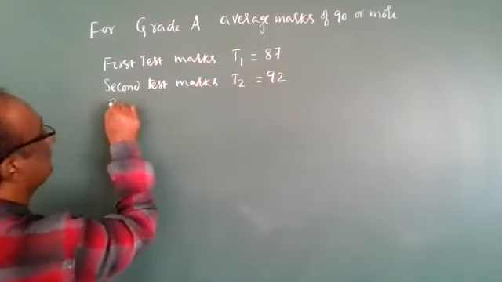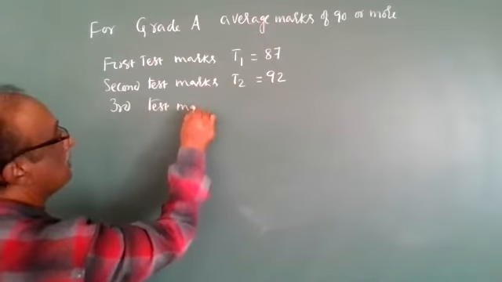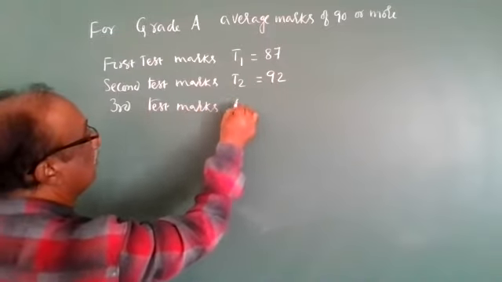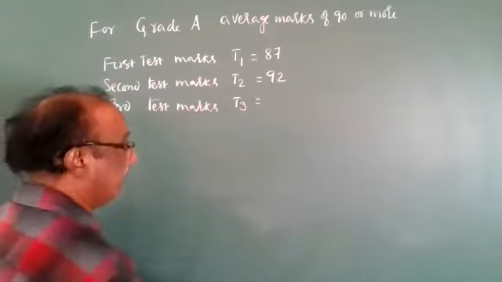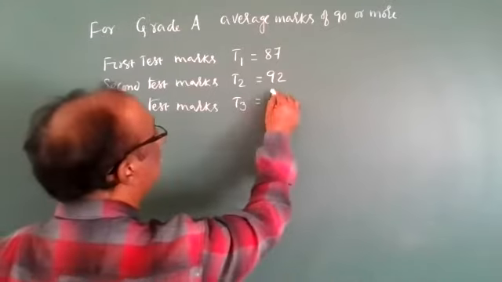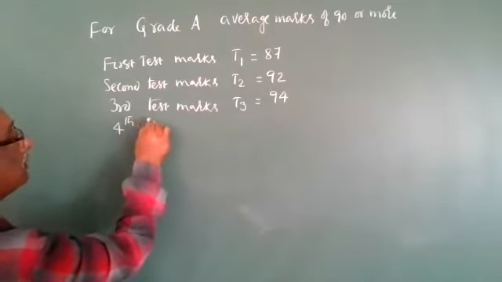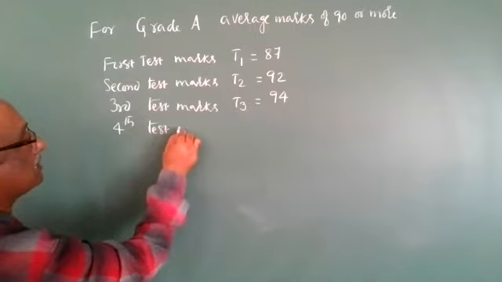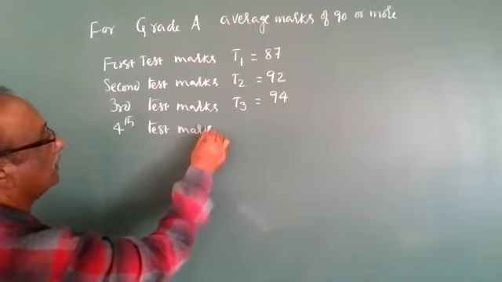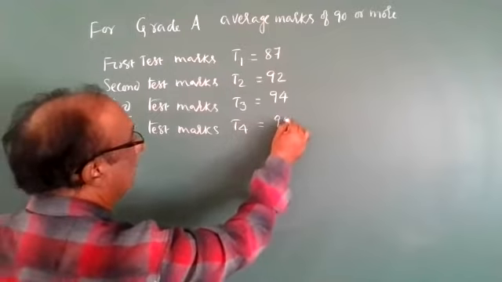Third test marks, T3, is equal to 94. Fourth test marks, T4, is equal to 95.